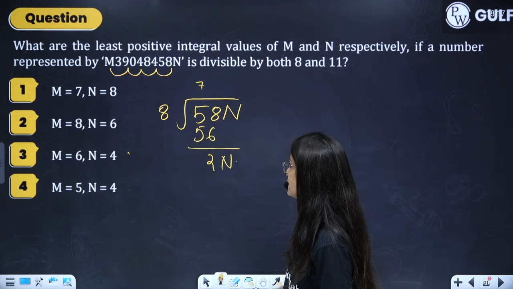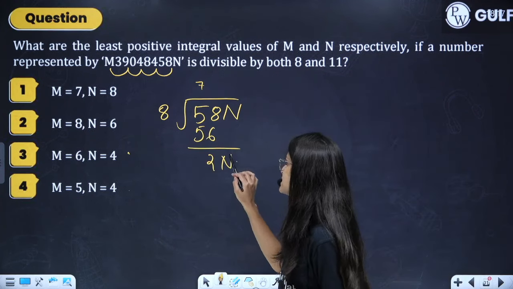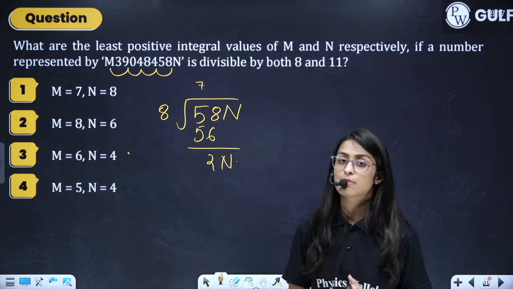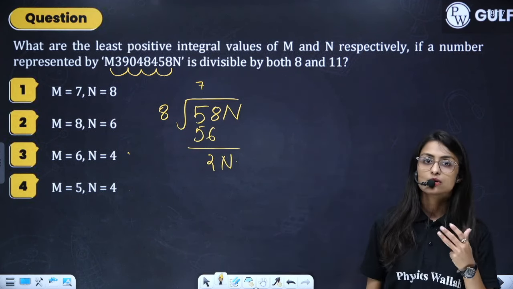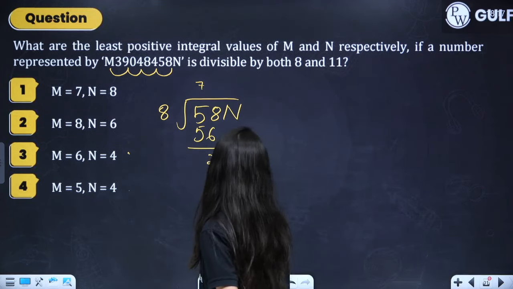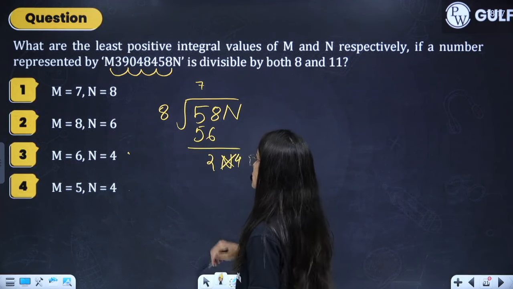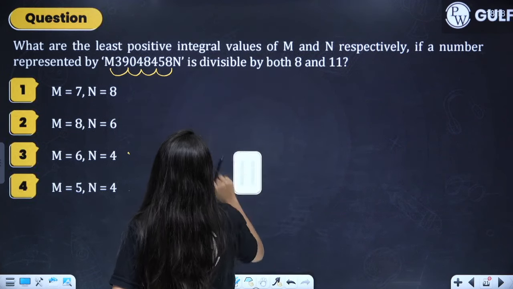Which is the smallest possible number I can substitute in place of n so that the full number would be divisible by 8? I'm trying from 1, no, 2, no, 3, no, 4, yes, 584, right? If I substitute n as 4, the number would be divisible. So the value of n would be 4, right?